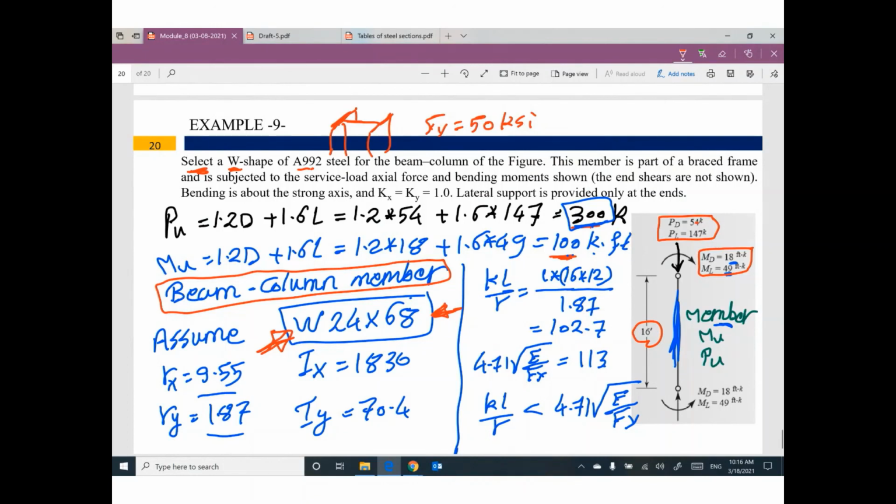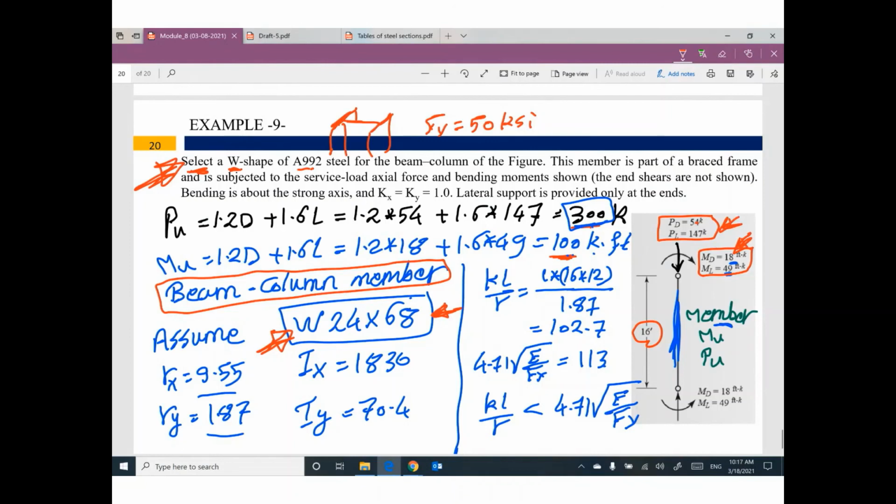If something else, something will be written here. But if nothing is written, no note, nothing, then we have to multiply them by factors. These values are service values, not factored values. So I have to multiply dead by 1.2, live by 1.6.